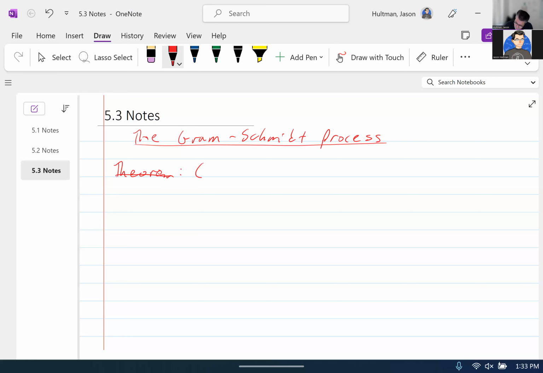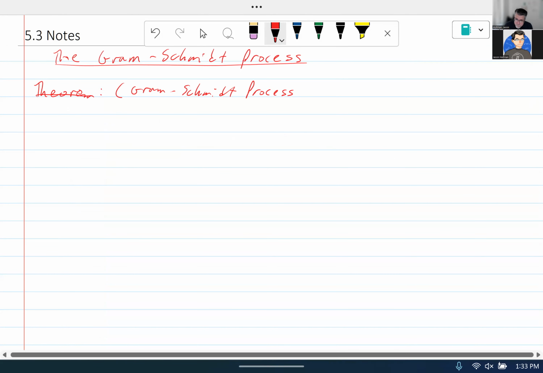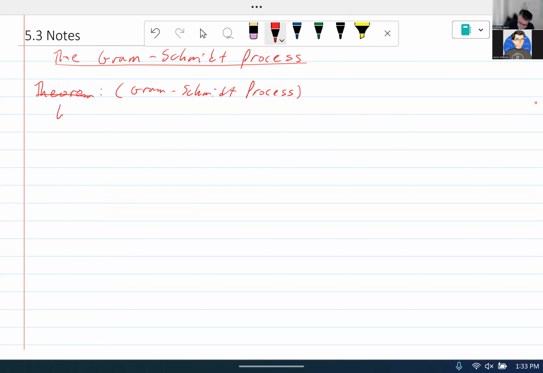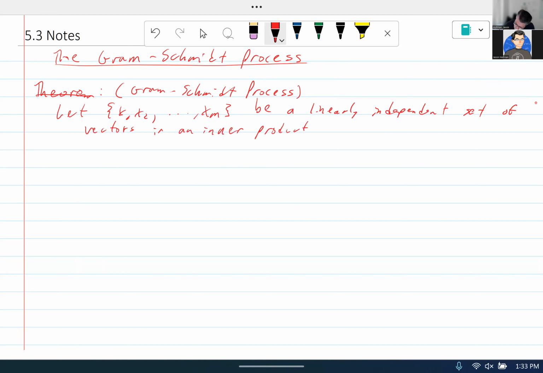The Gram-Schmidt process. Okay, let x1, x2 to x of m be a linearly independent set of vectors in an inner product space V. Then an orthogonal basis.